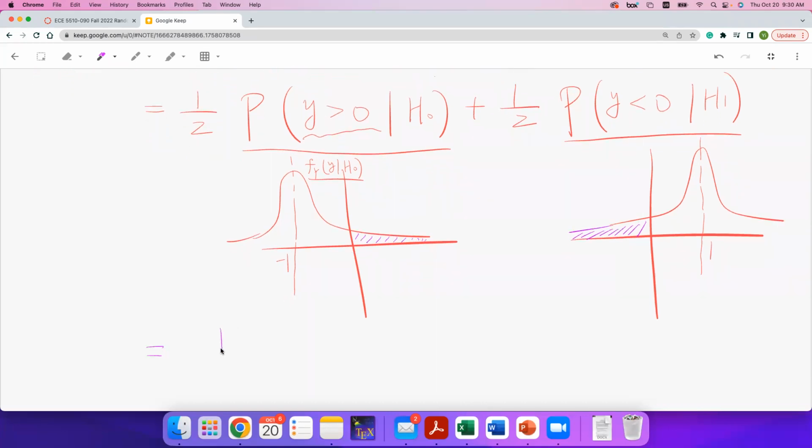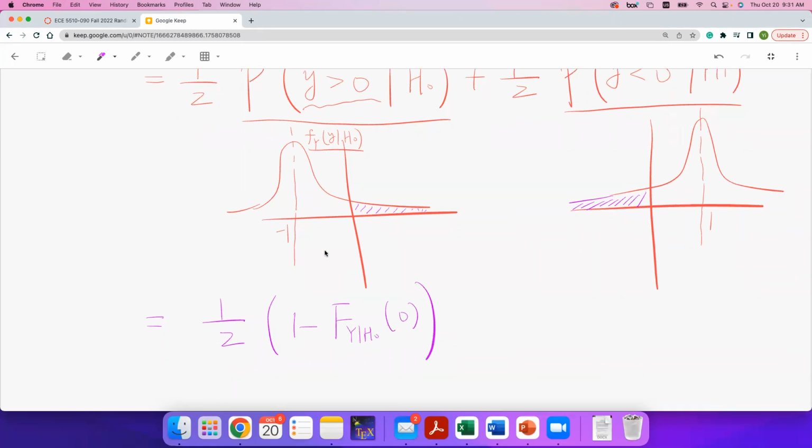So we just need to calculate these two integrations. Okay. So write it down as 1/2 times this shaded area, I can use CDF functions. Okay. It's 1 minus the CDF of y conditioned on H naught. So this shaded area is 1 minus the left shaded area.